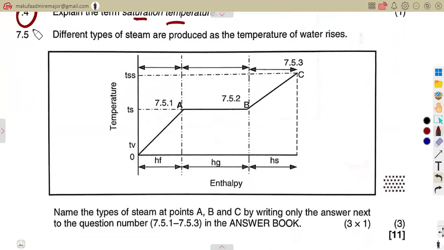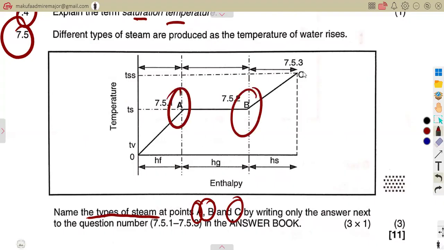Different types of steam are produced as the temperature of water rises. Given these temperatures, from the initial saturation up to the superheated, name the types of steam at points A, B, and C. At A, B, and C, what is the type of steam that we are having there?